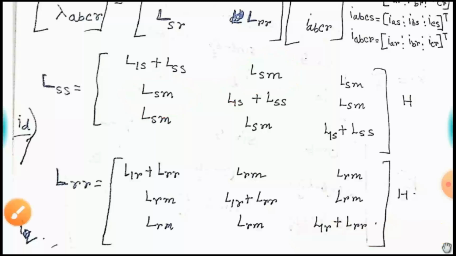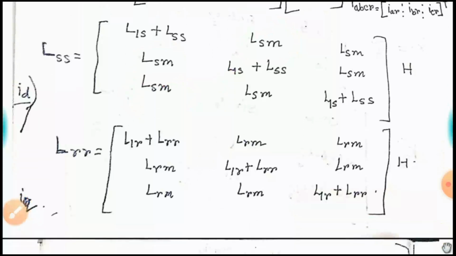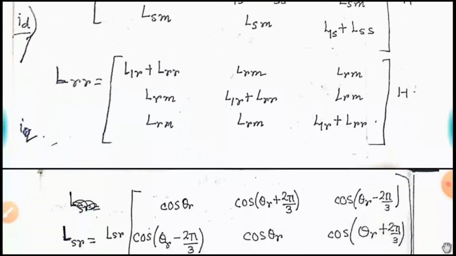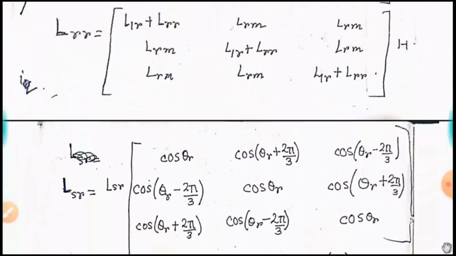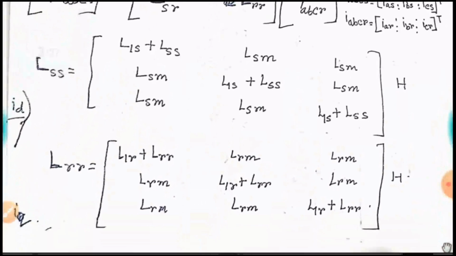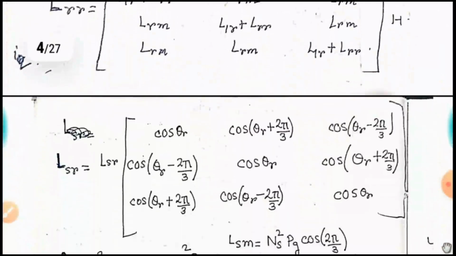Now see here this LRR, we have got this. Now see the LSR. Here you can see this LSR is a matrix that is dependent on theta. That is quite obvious, because your stator flux linkage will obviously depend on this LSR, which relates stator and rotor.